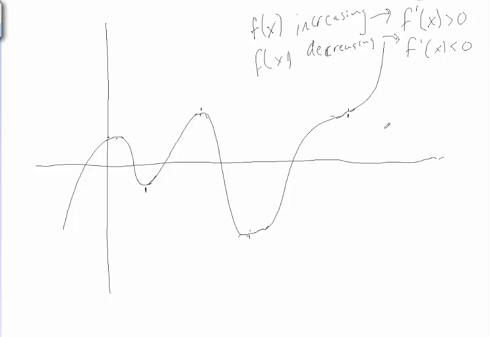The second derivative: the first derivative tells us about slope. The second derivative tells us about concavity. So let's say this interval here, up to about there, concave down, to about here, concave up. I don't know, this is roughly concave down, concave up, to about here, concave down, and then at this point, concave up.